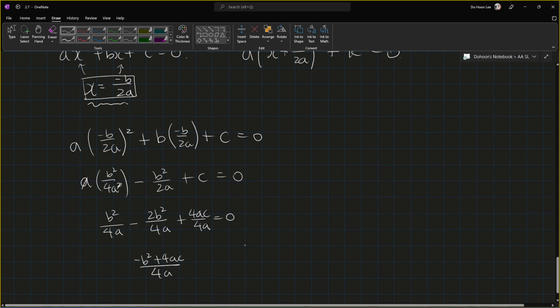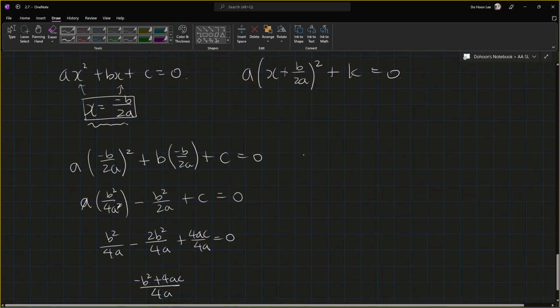So I know that my k value is that. So I can rewrite this as a times x plus b over 2a, squared, plus negative b squared plus 4ac over 4a equals 0. Whew! Okay, so almost there.